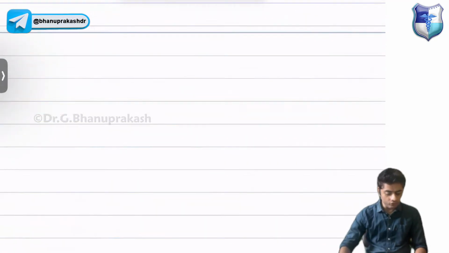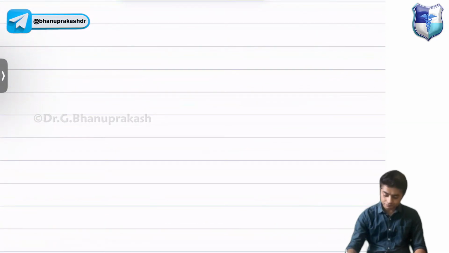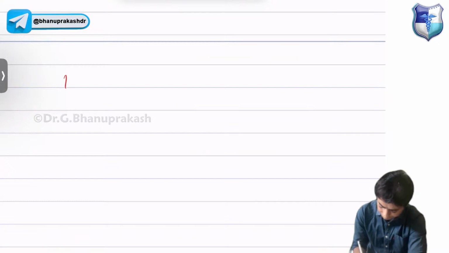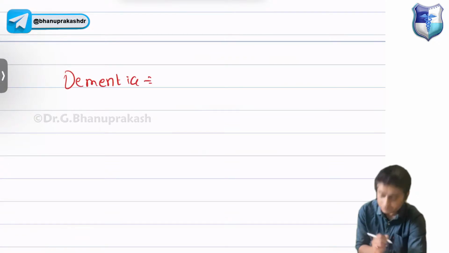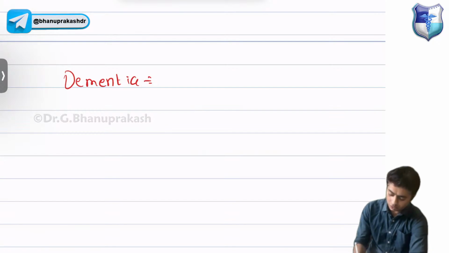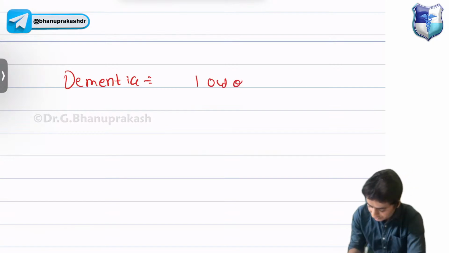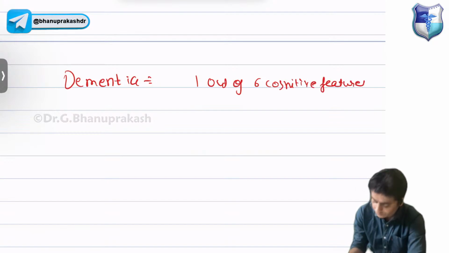Now, before winding up this lecture on dementia, what three things do we have to look for in a dementia patient? One, at least one out of six cognitive features. Rule out delirium.